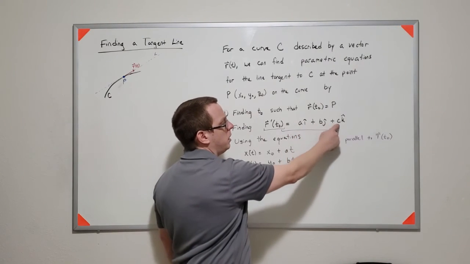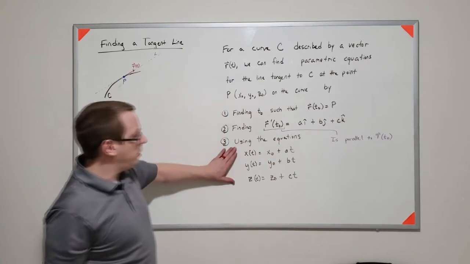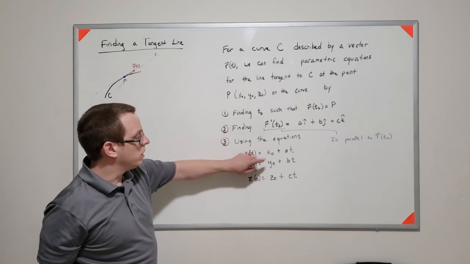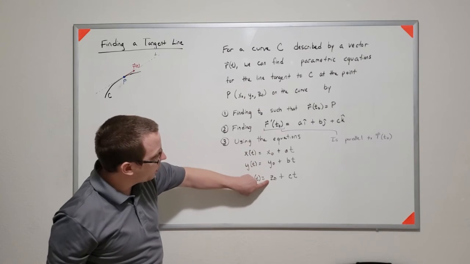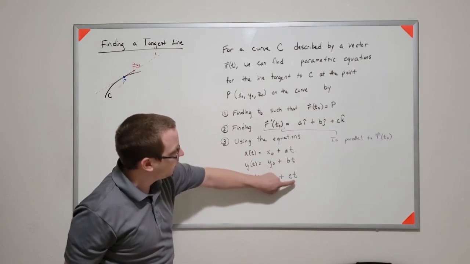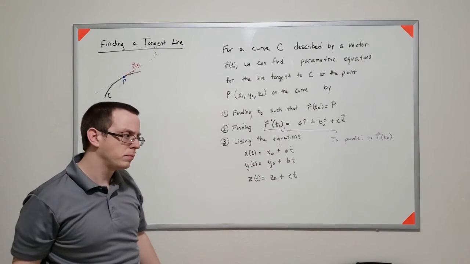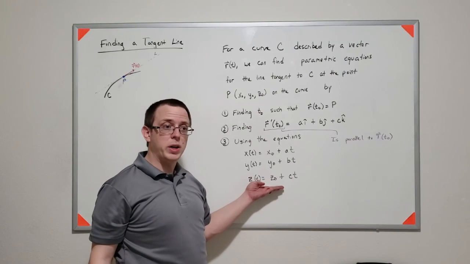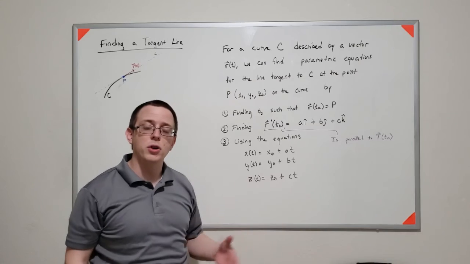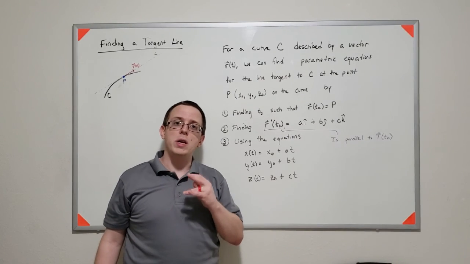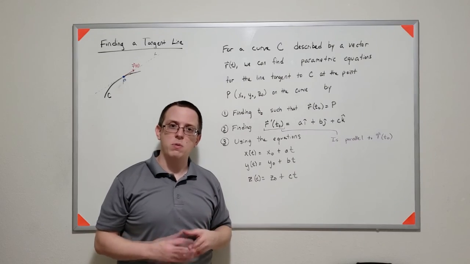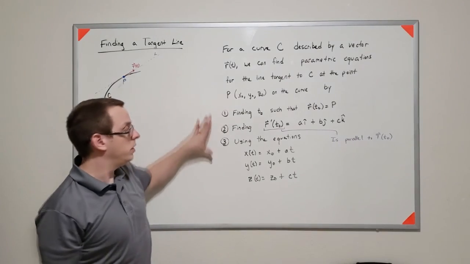So if I get the values here, then I can construct these equations: the line that goes through the point plus the vector times time. And that's really it. We're going to do some examples so that we can get our feet wet using this algorithm.